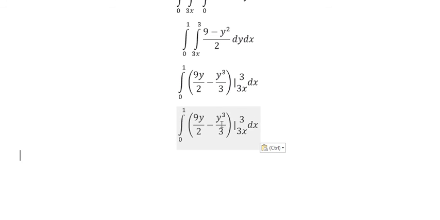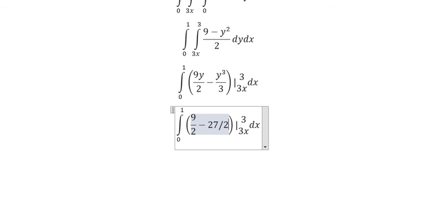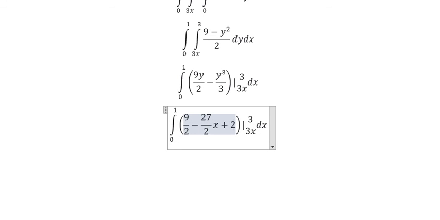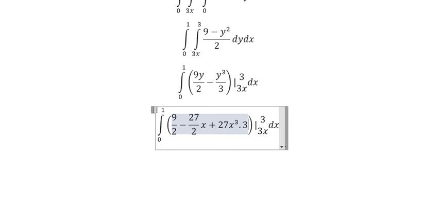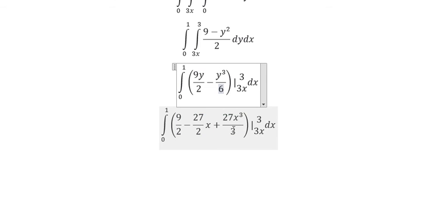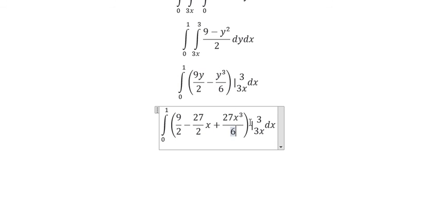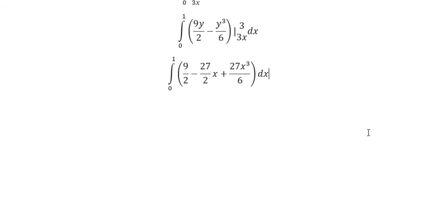That's about 9 over 2, and we have the negative. Oh wait, that's the number 6. Divided by 6, you get 9 over 2.